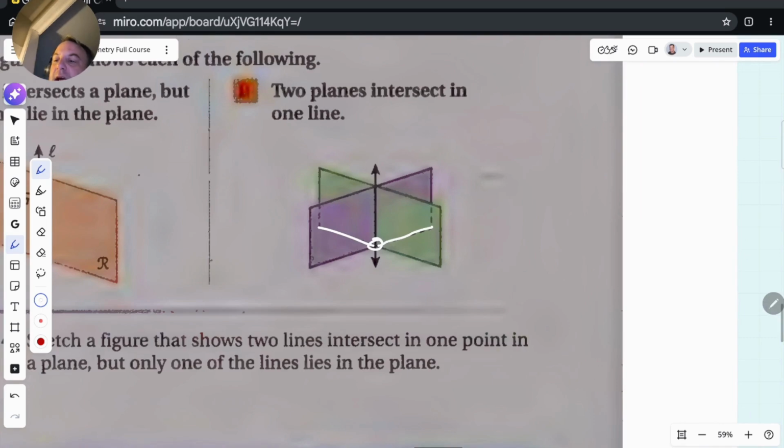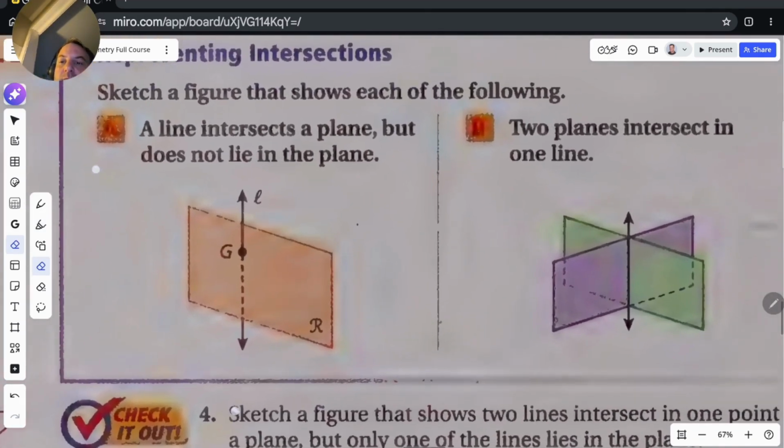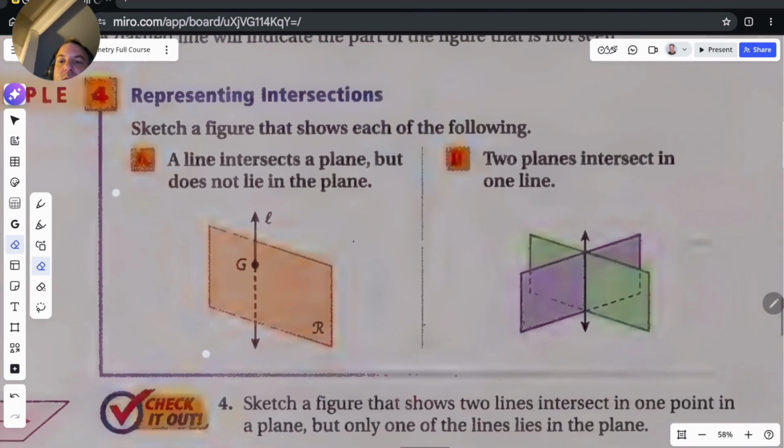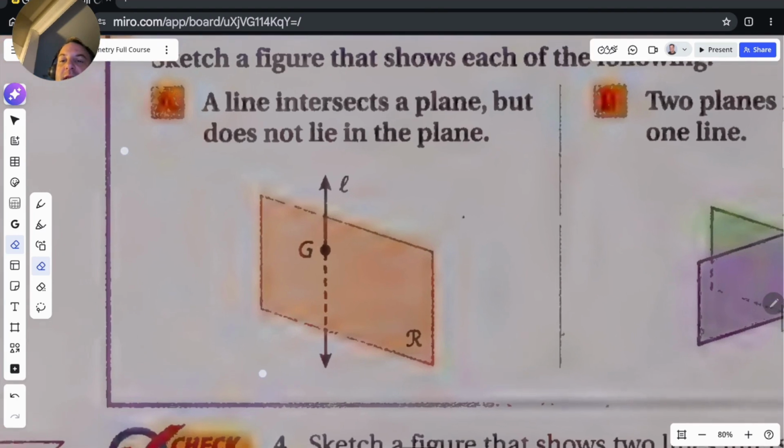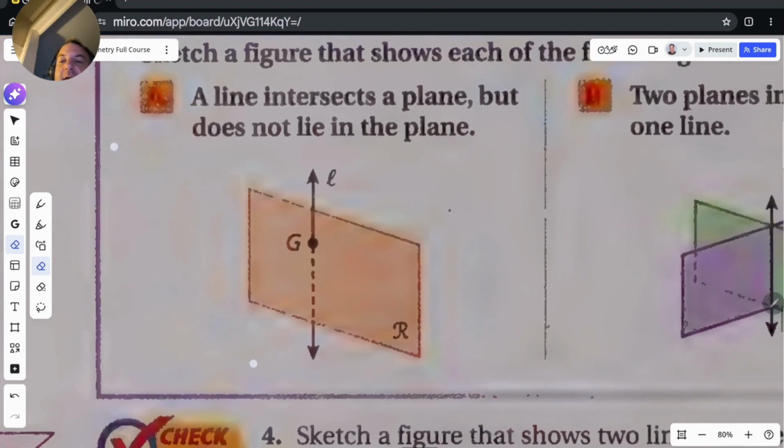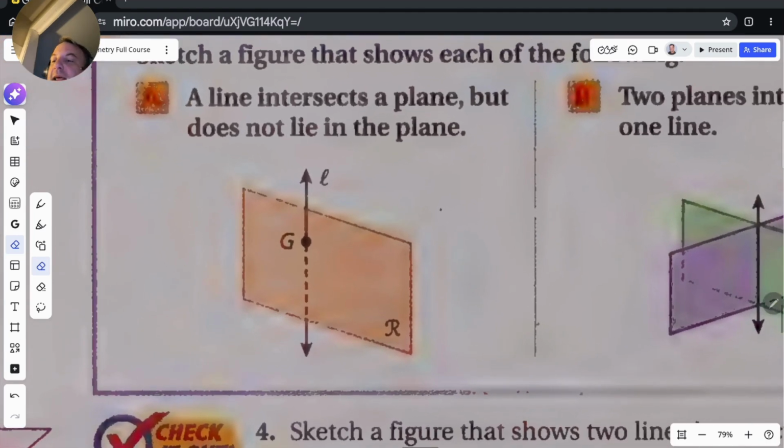Now let's look specifically at the textbook problems here. We're sketching figures that show each of the following: a line intersecting a plane. It intersects a plane, but it does not lie in the plane. So here we have a flat parallelogram as our plane called R, and the vertical line.